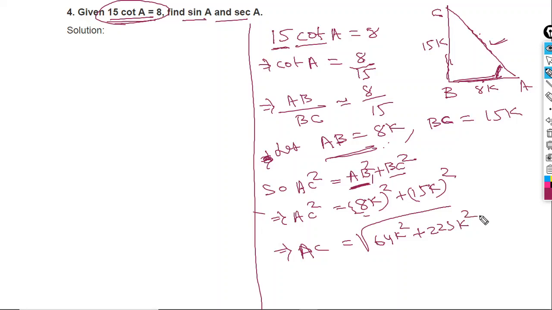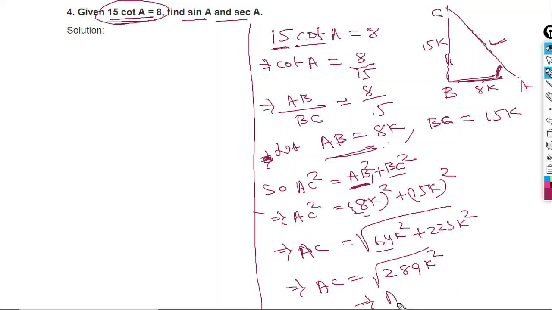Then 64 plus 225, it will be 289K square under the root.